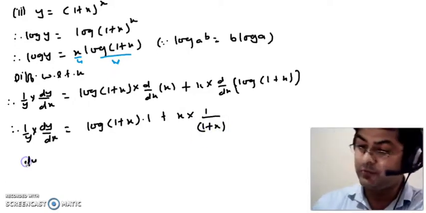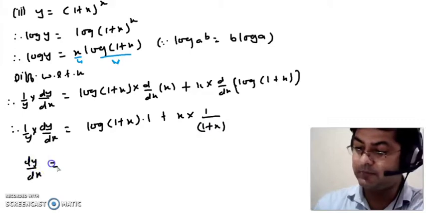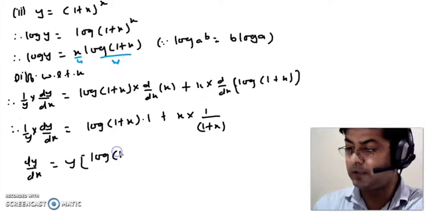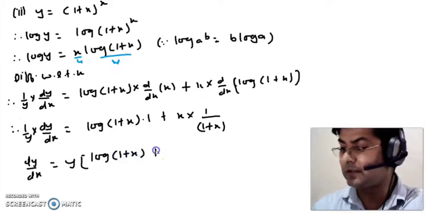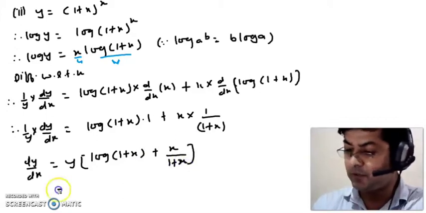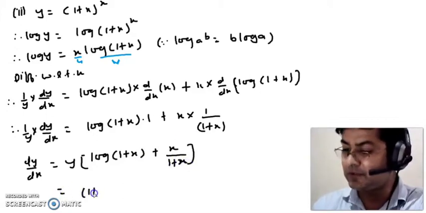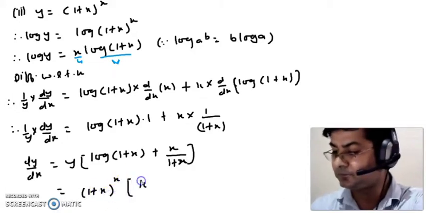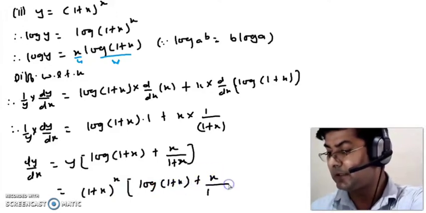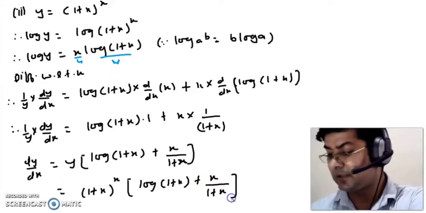Now make dy by dx the subject: it is equal to y into bracket log (1 plus x) plus x upon (1 plus x). Finally put the value of y, so that is (1 plus x) raised to x into bracket log (1 plus x) plus x upon (1 plus x).